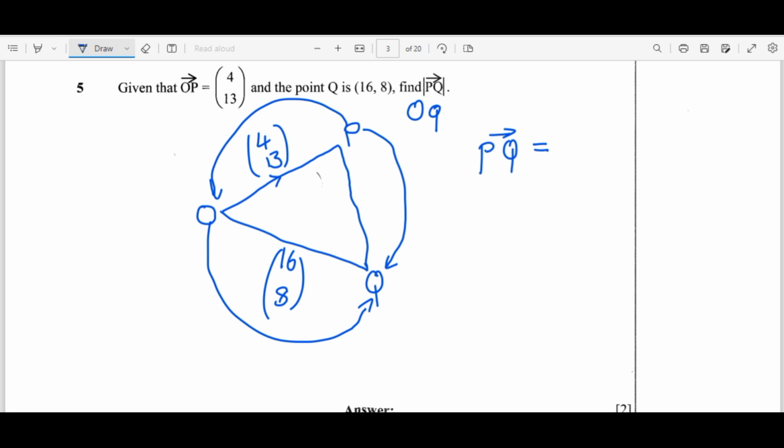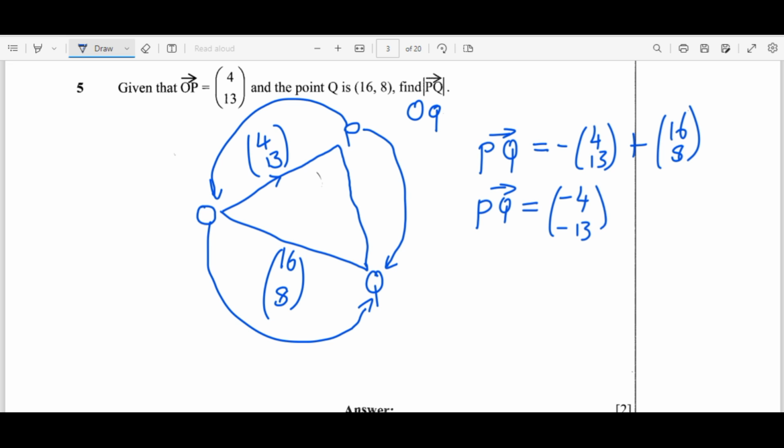So this will be (-4, -13) plus the OQ, which is (16, 8).